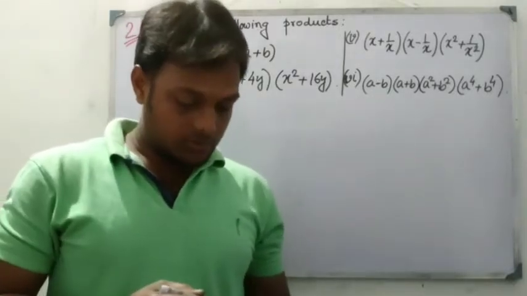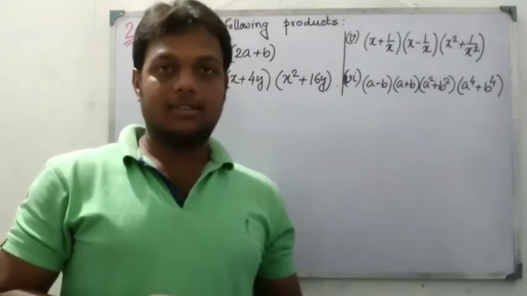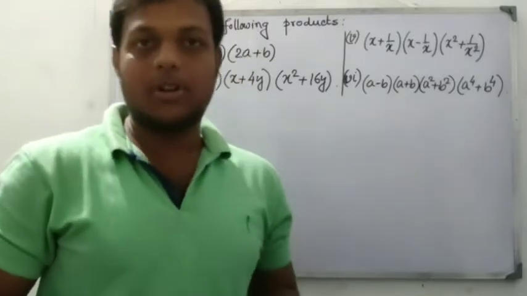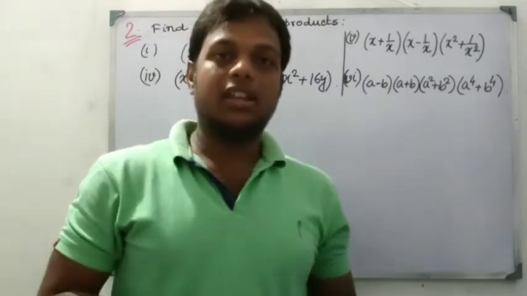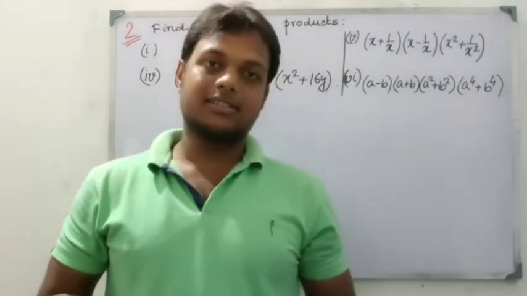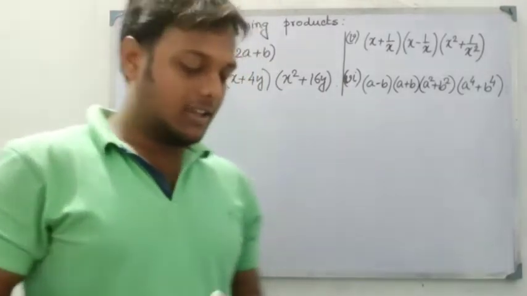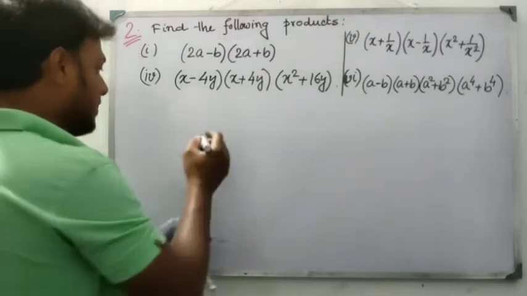So I told you when I was discussing the first part of this video that you have to memorize each and every identity. Okay, and there was an identity like this.